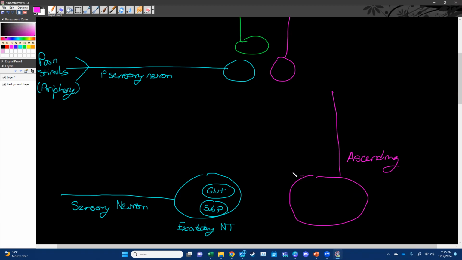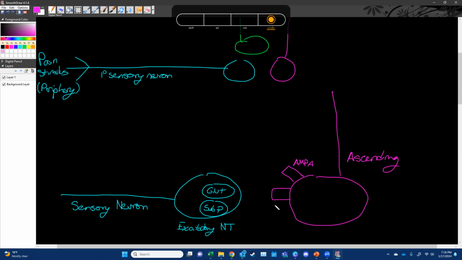For glutamate, glutamate is either going to the AMPA or the NMDA receptor.